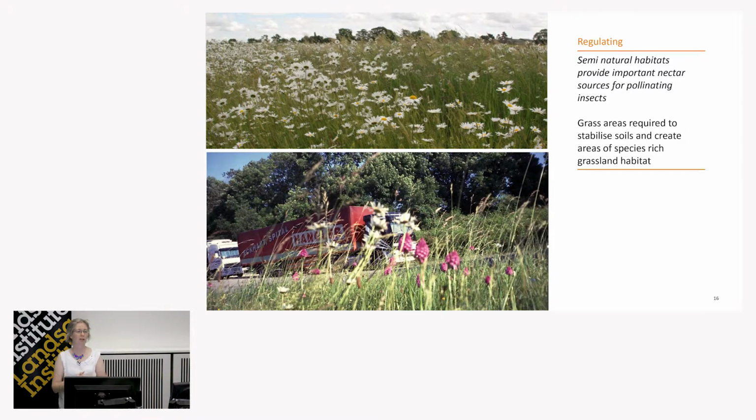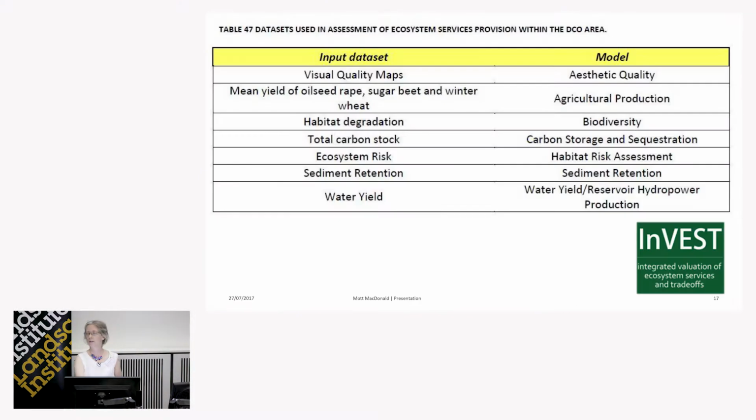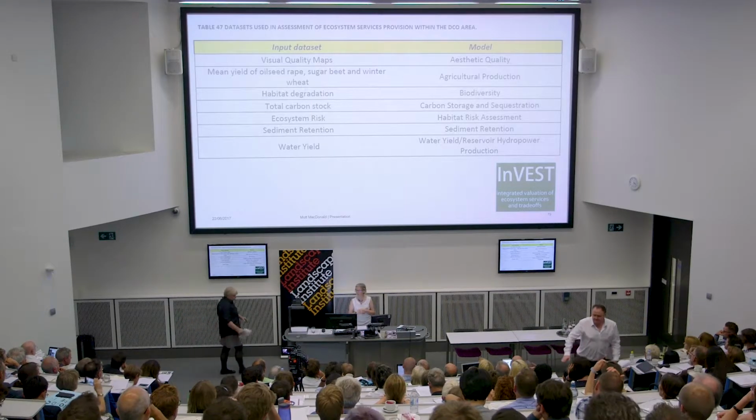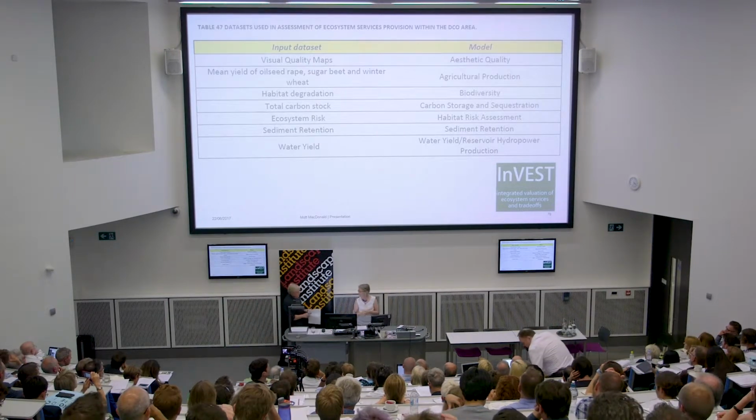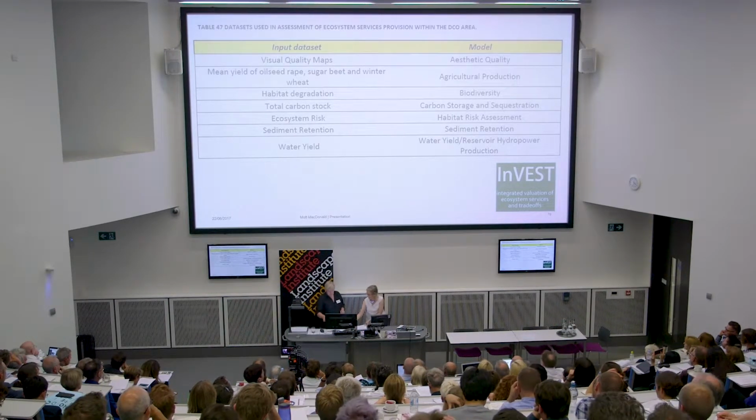And we've looked at recreating wildlife species-rich grassland, as I said, to replicate the existing features of that landscape in terms of the headlands in an arable landscape. In terms of the InVEST model and the ecosystem services assessment, Jackie's just going to map out what we found and how we took that forward.